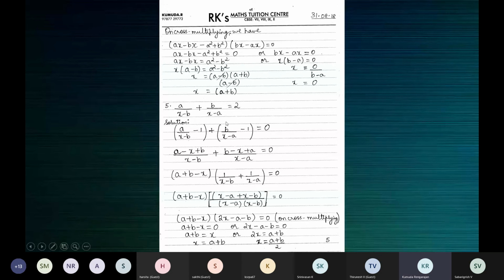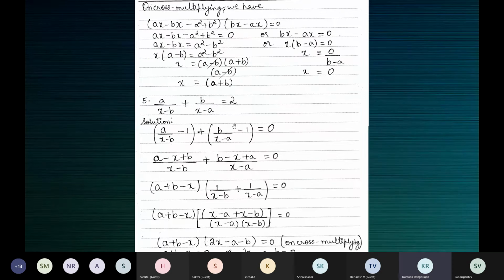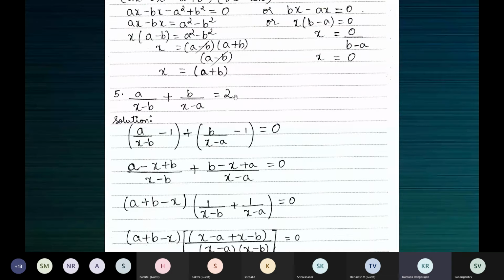Now I want you to work the fifth one in the similar way. In the fifth equation, we have 2 on one side. We have a by (x minus b) and b by (x minus a), and 2 on this side. We'll take 2 to this side as minus 2.